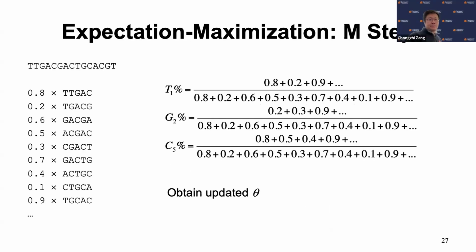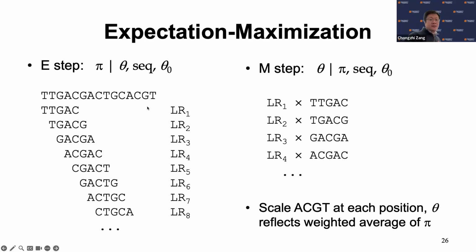So how do we do that? If we have an earlier step position weight matrix, we calculate the likelihood ratio for each position of the actual sequences.